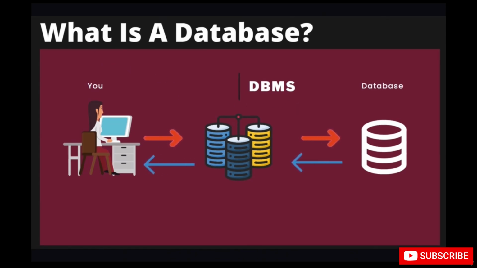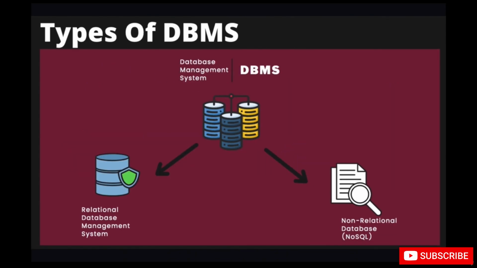All right, now we have two types of DBMS, or database management system. We have the relational database management system, and then we have the non-relational database management system, which is simply called NoSQL. Now, 90% of the time, as a data scientist, machine learning engineer, or data analyst, you're going to work on what is called a relational database management system.